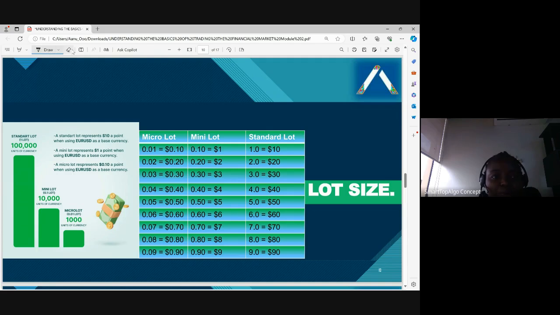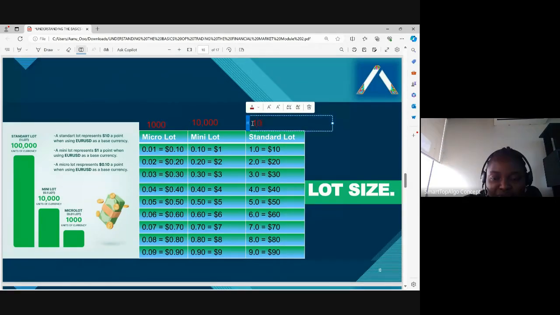Now, this micro is in units of 1,000, then the mini is in units of 10,000, while the standard is in units of 100,000.